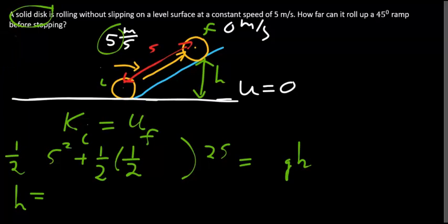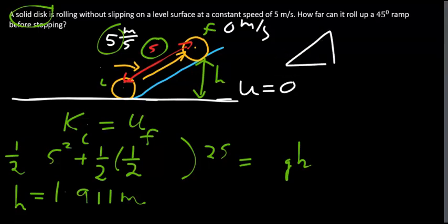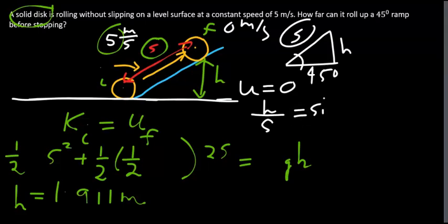The value for h turns out to be 1.911 meters. But note, we are interested in the distance up the ramp. What we have here is just a right angle triangle. So this is h and that is s. The angle is 45 degrees. So you see, using trigonometry, we know h over s is sine 45 degrees, which is 1 over square root 2.